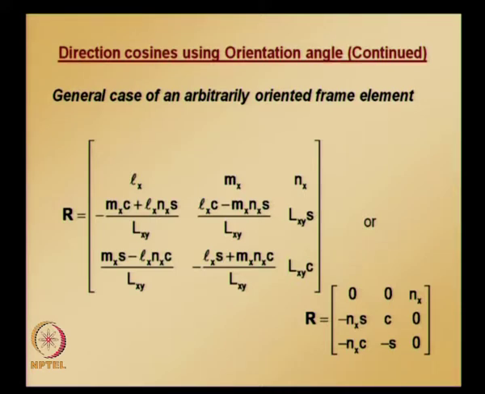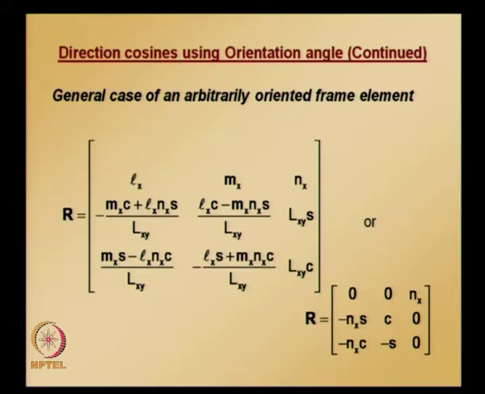Alpha is nothing but angle between the global y axis and local y axis measured in the counterclockwise direction, or the rotation by which we need to rotate about x axis to make the local y axis parallel to the global y axis. Cosine of that and sine of that is what is C and S respectively.